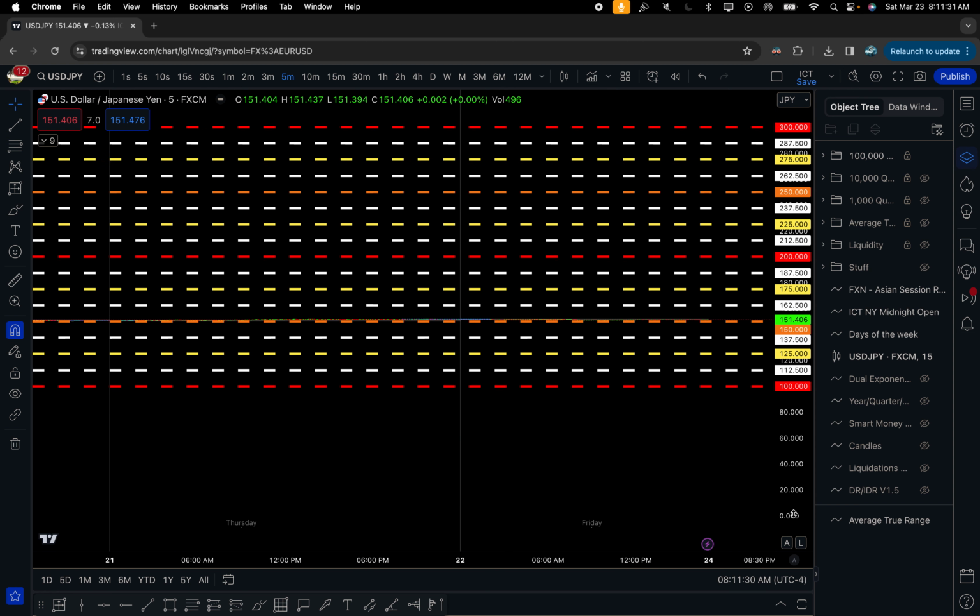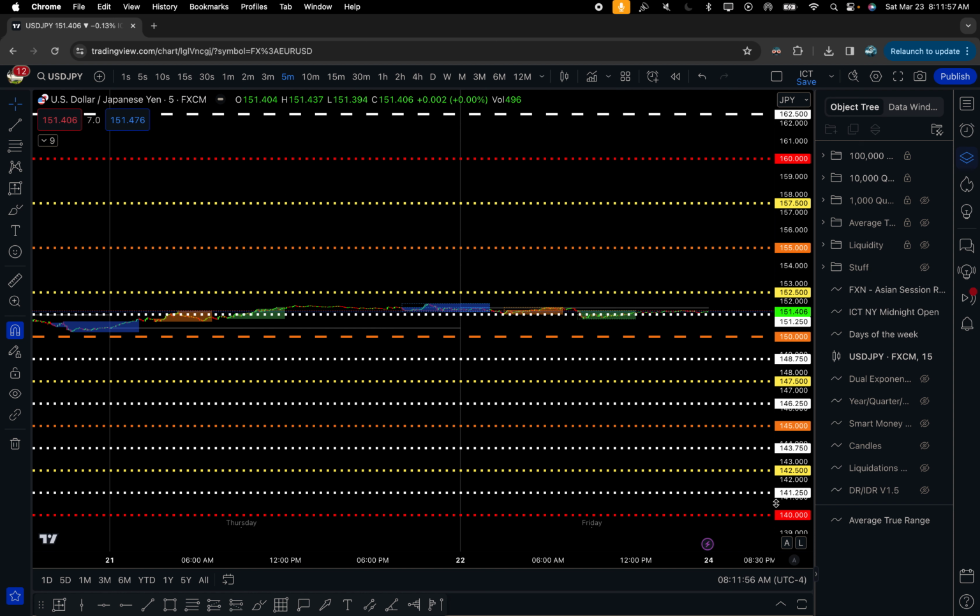That's your 100,000 levels, okay? Next you add your 10,000 levels, okay? So you got 140 to 150 to 160. The reason this is not red is because it's a 100,000 level, which supersedes or is more significant than the 10,000.